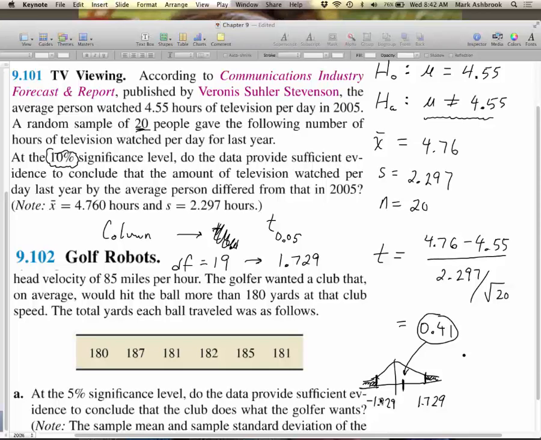So do we reject the null hypothesis or not reject it? We do not reject. So what does that say? It says we don't have sufficient evidence to say that the mean is something other than 4.55 now compared to 2005. So there's not sufficient evidence to conclude some other mean number of hours watched than 4.55.